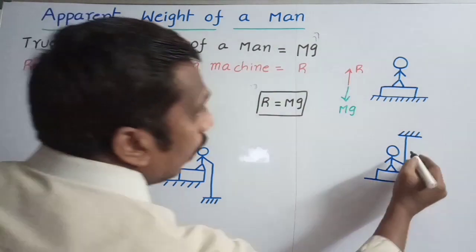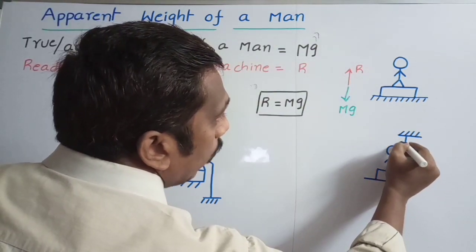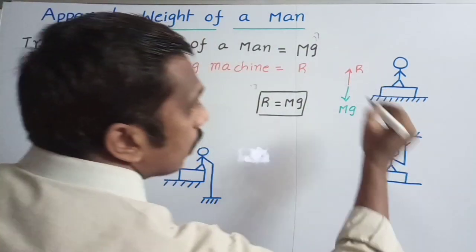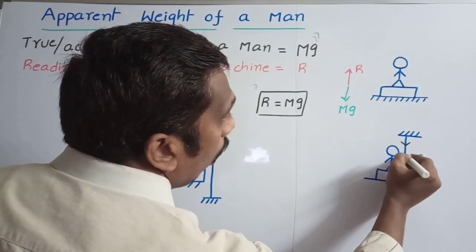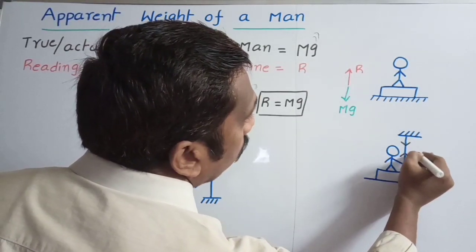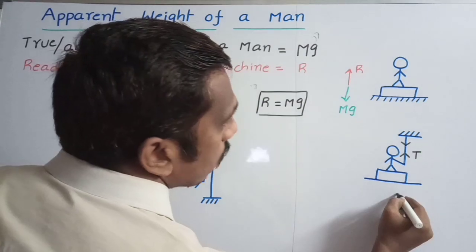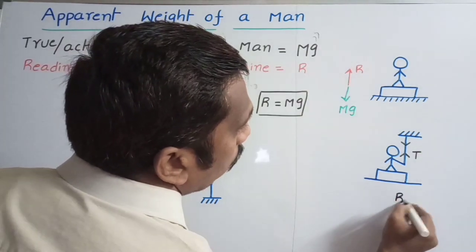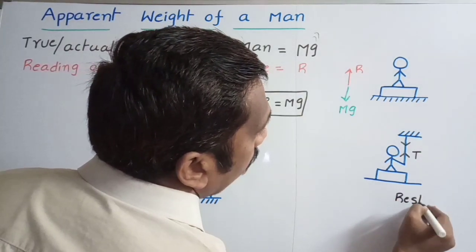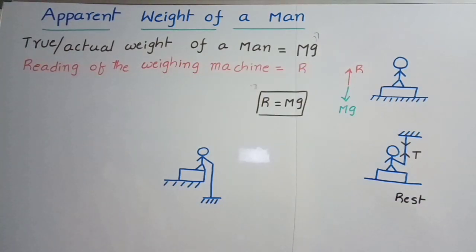He is pulling in the downward direction, and this tension tries to pull him in the upward direction. For every action there is an equal and opposite reaction. In this case also, the man is at rest. So the net force acting on the man is equal to 0.